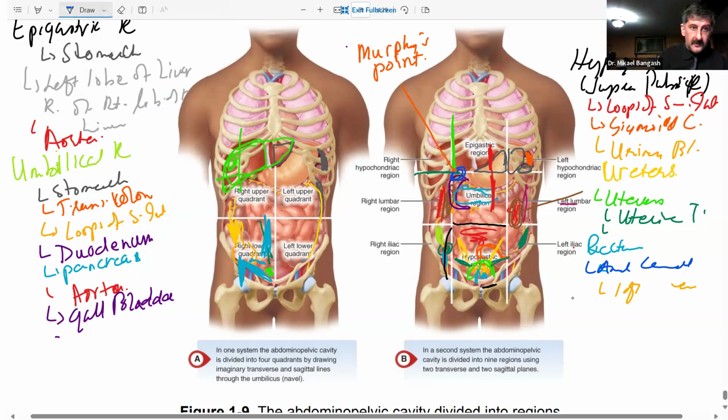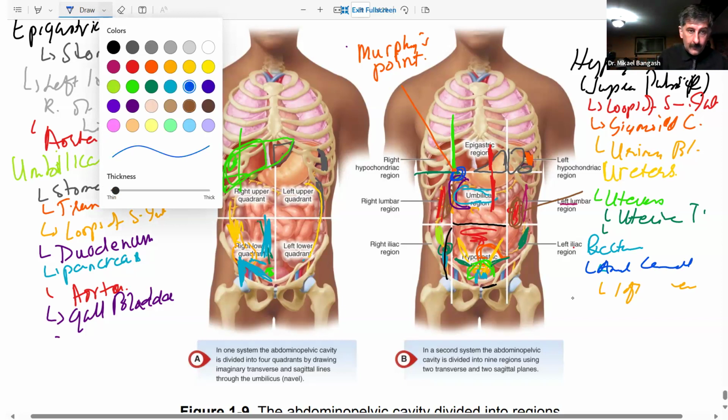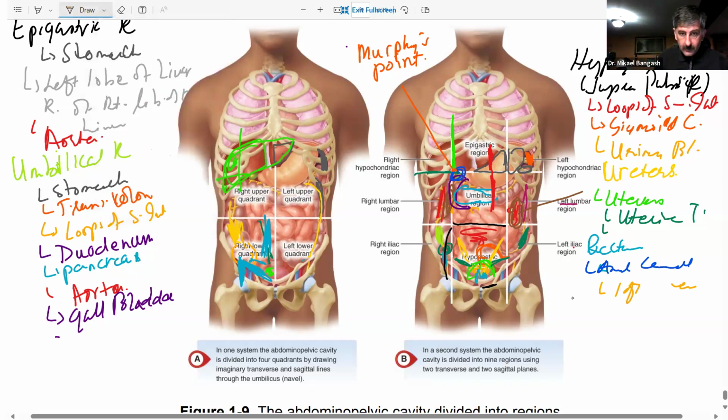Sorry, guys, if I missed it. Most likely, in your right and left iliac regions are going to be the ovaries. So right ovary in the right iliac region, left ovary in the left iliac region.